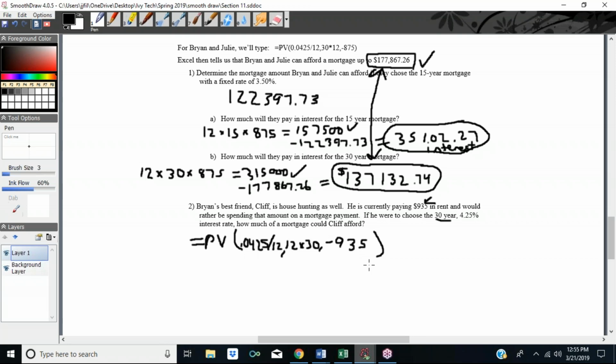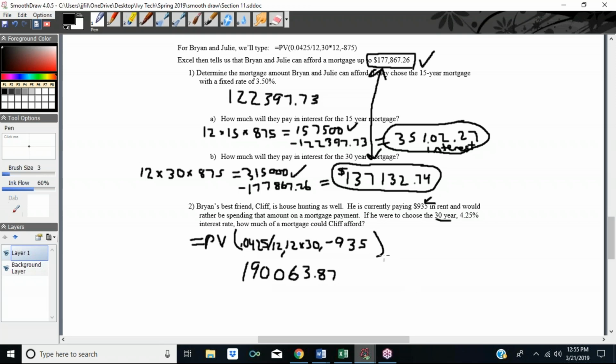And that one looks like it's about number 3 on the right-hand side. So Brian's friend Cliff could borrow $190,063.87.